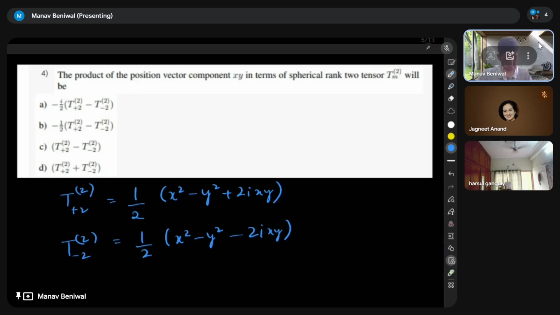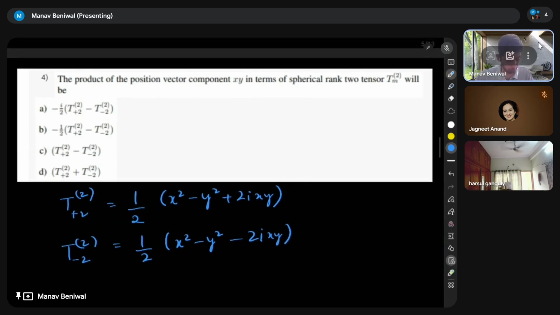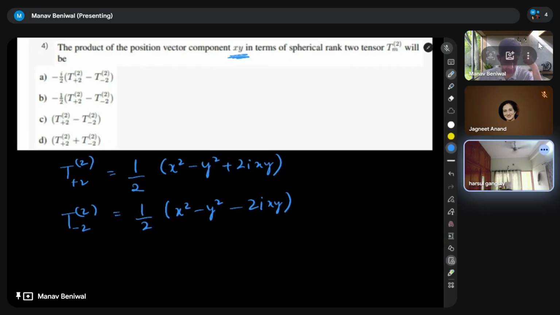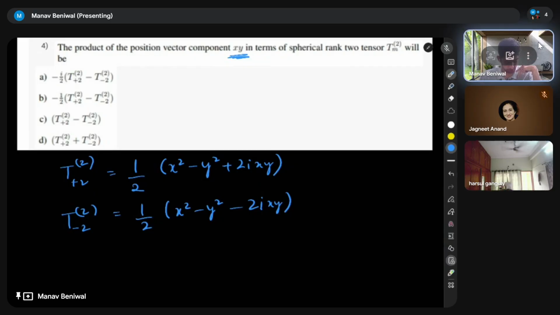The question asks us to find xy. Just by looking at these two equations, we can see that if we subtract them, these terms will cancel out and these terms will add. So we'll only have some xy terms remaining on this side.